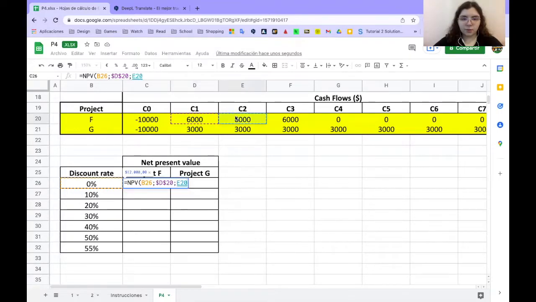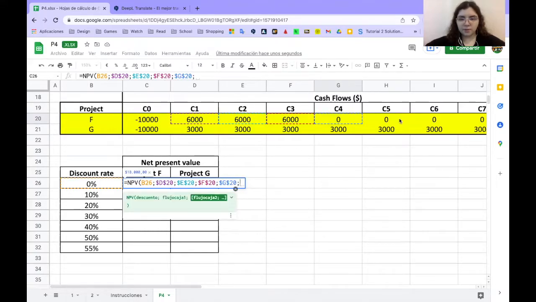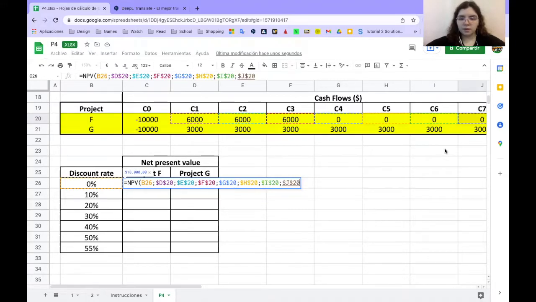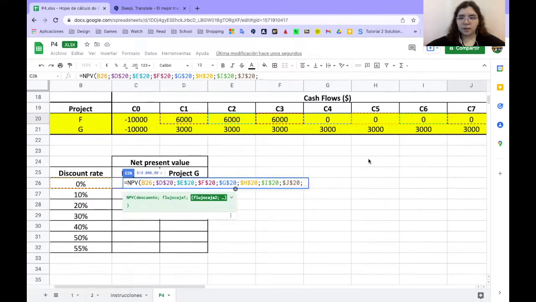And then so you go, you put the cash flow 2, then cash flow 3, then cash flow 4, cash flow 5, cash flow 6, cash flow 7, and cash flow 8.